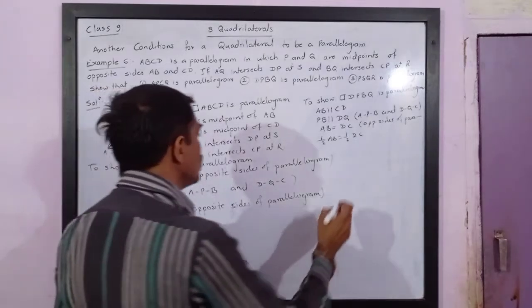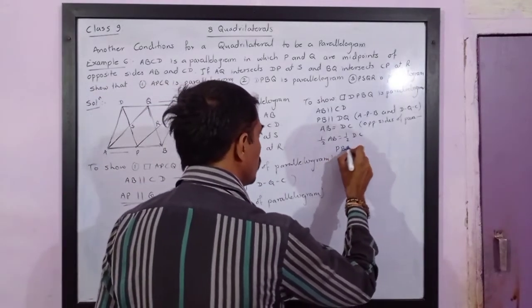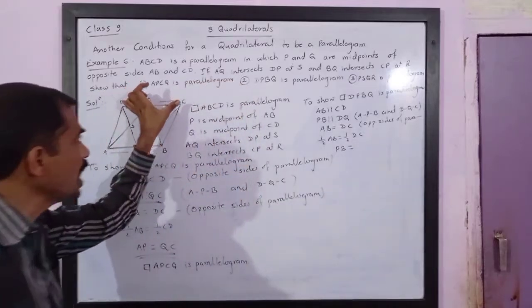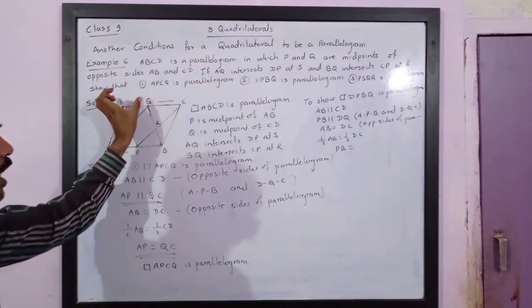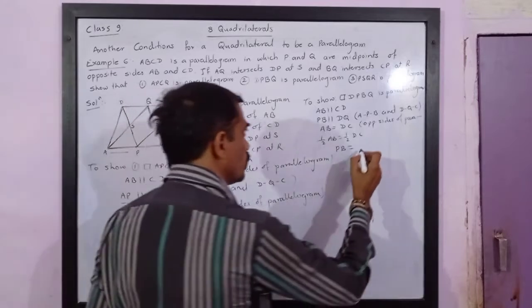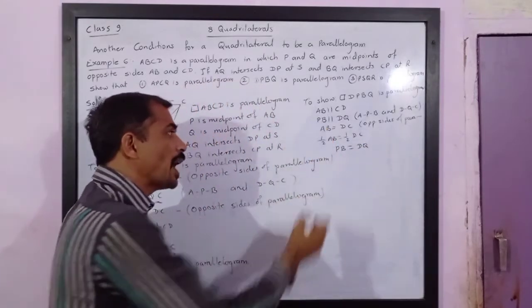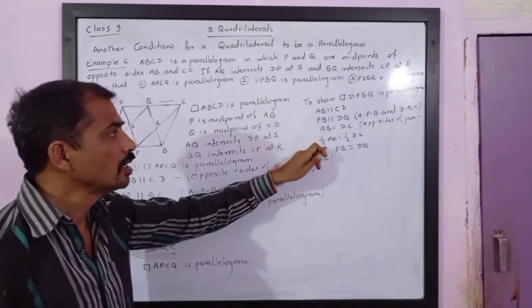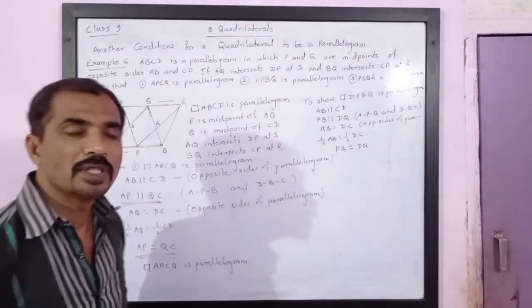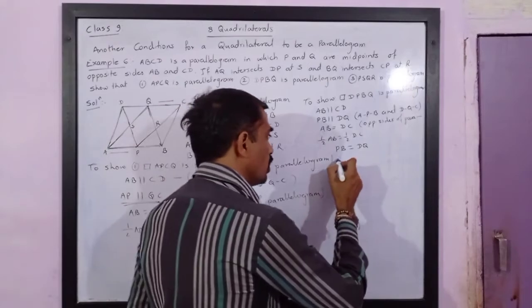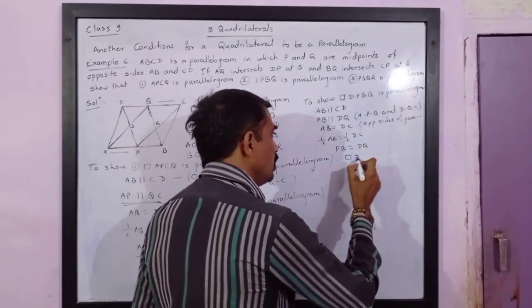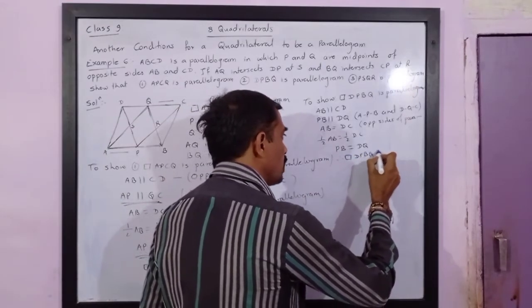So PB is equal to DQ. One pair is parallel as well as equal, and hence this quadrilateral must be a parallelogram. Therefore, quadrilateral DPBQ is a parallelogram.